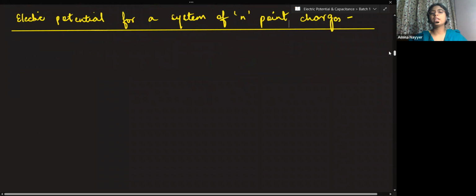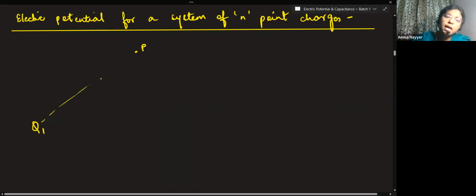Electric potential for a system of n interacting point charges. Now see, if I have a charge Q1, I want to calculate potential at point P due to this charge Q1, and let's say the separation of Q1 and this point P is R1. I have charge Q2 also, and the separation of Q2 and point P is R2.